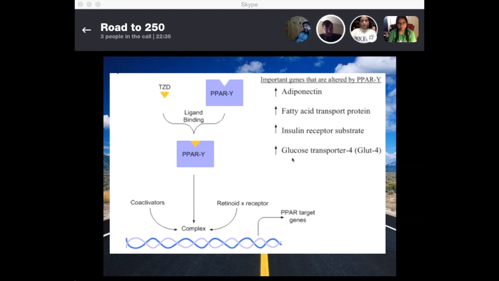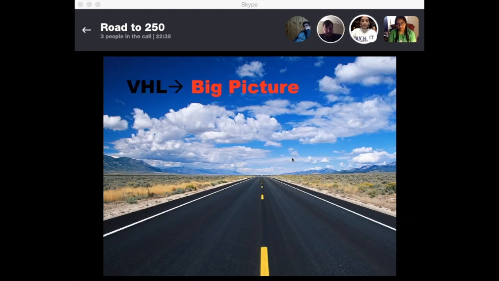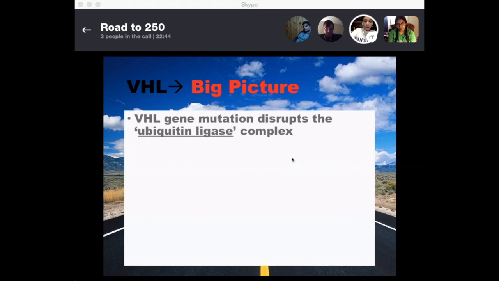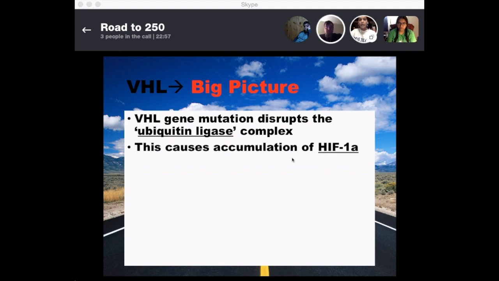No. Alrighty. So concept of the day is going to be von Hippel-Lindau. So the big picture is that a von Hippel-Lindau gene mutation occurs, and as a result, it disrupts the ubiquitin ligase complex. The disruption of the ubiquitin ligase complex causes an accumulation of HIF1A, which is hypoxia-inducible factor.